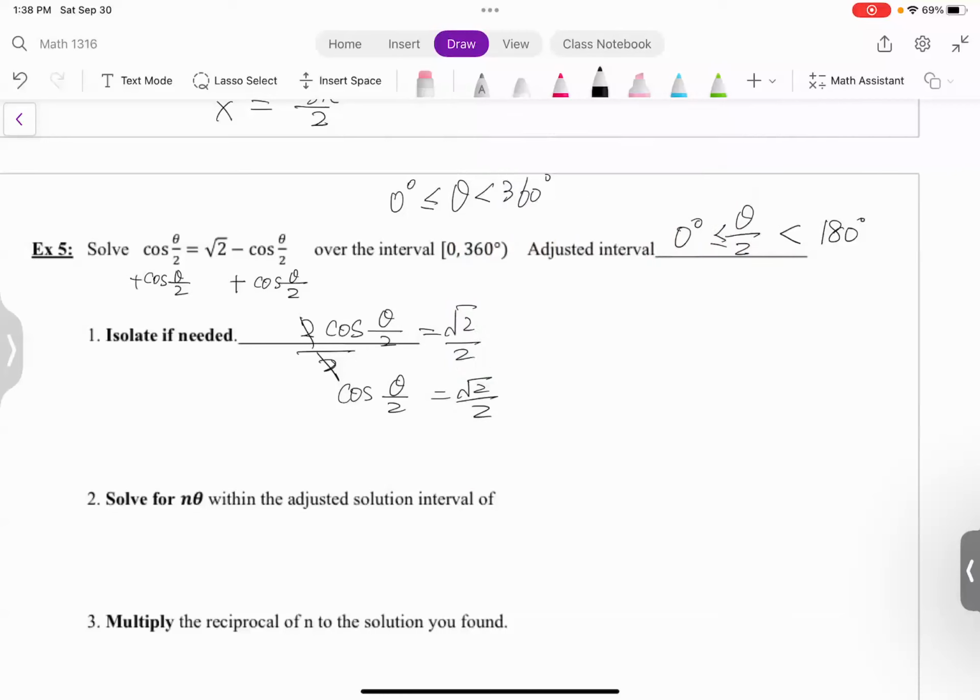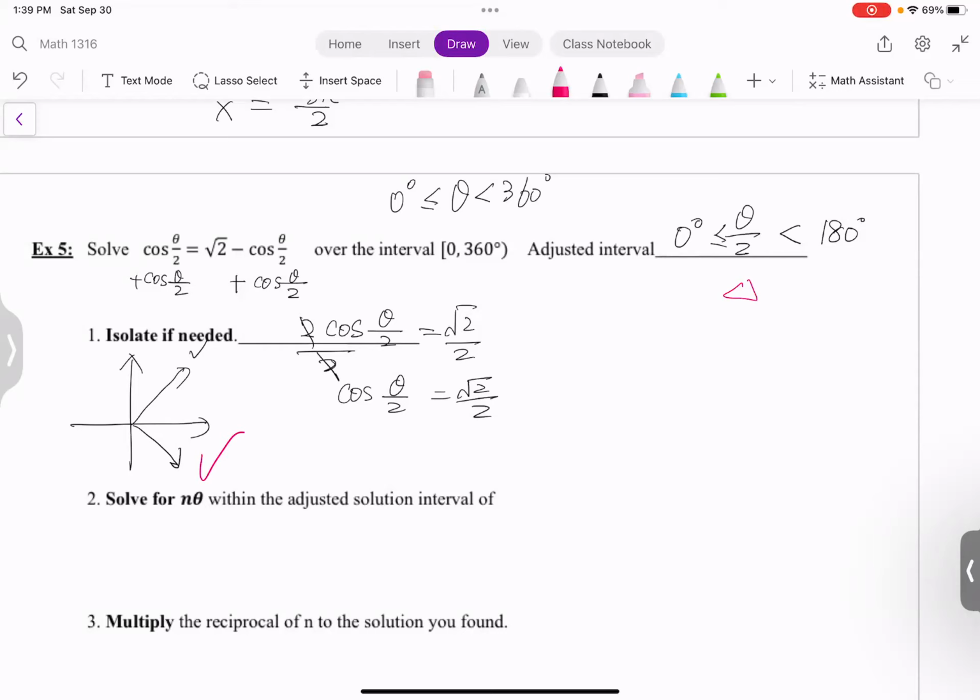So let's graph it. Where is my angle theta over 2? Cosine is positive in the first and the fourth quadrant. So I may have this one and this one. But my theta over 2 is between 0 and 180 degrees. That means first and second quadrant. So here makes a positive cosine value, but my angle is not in the fourth quadrant.